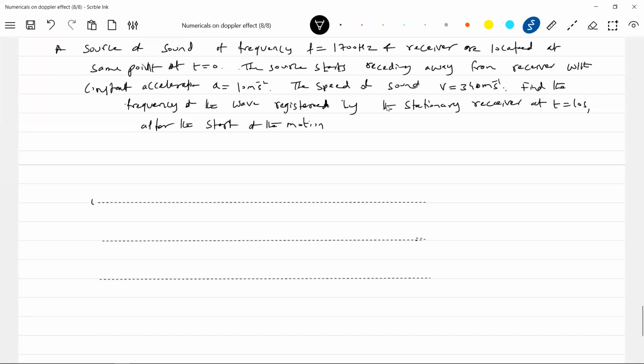Initially, this is a detector. The detector will be fixed, it will not move. This is at t equal to 0. The source will start accelerating from rest with constant acceleration.